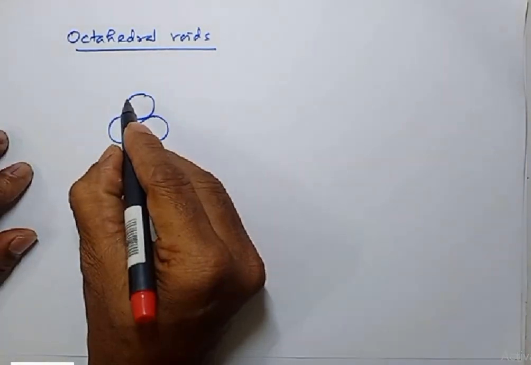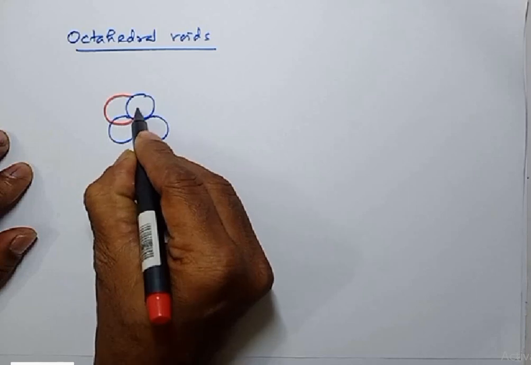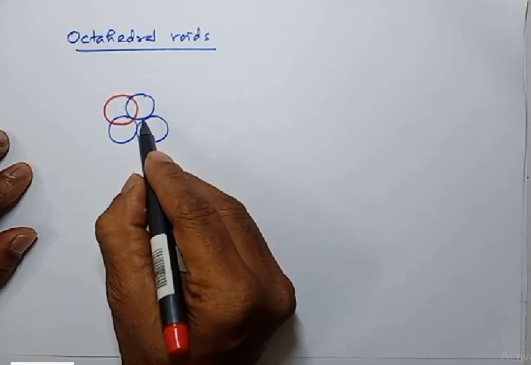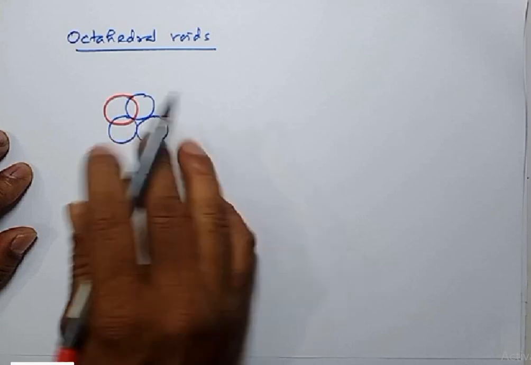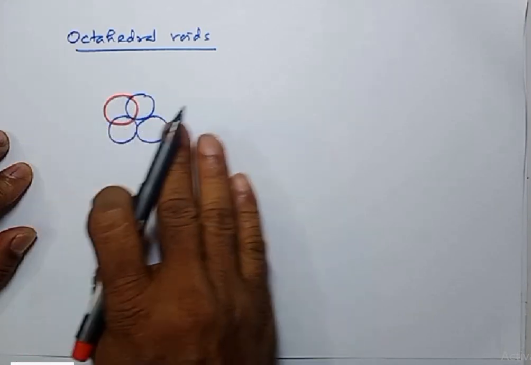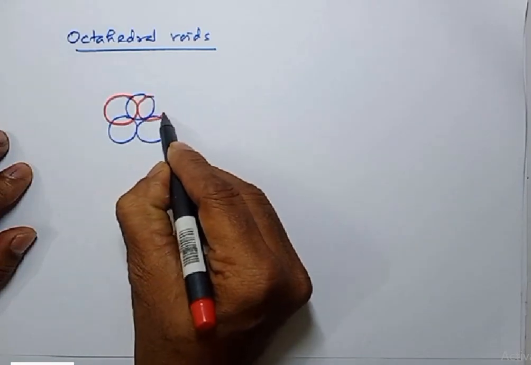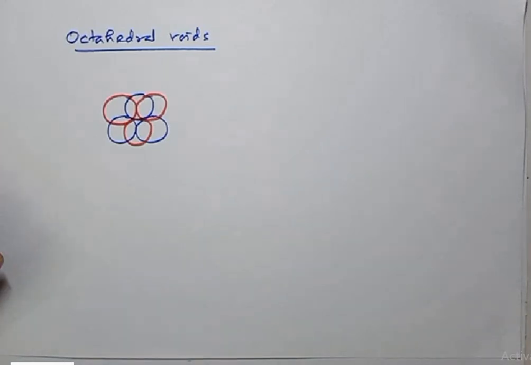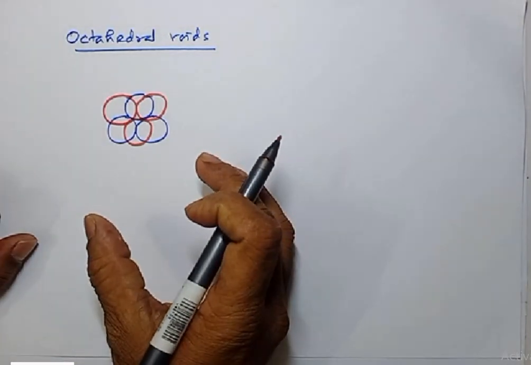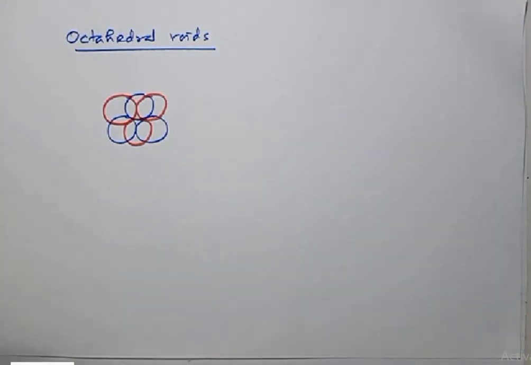I'm drawing with a different color now. These 3 balls with the blue color form one layer, and in the above layer, I'm placing 3 balls like this. Observe carefully. We have 3 balls below and 3 balls above. See what I did?